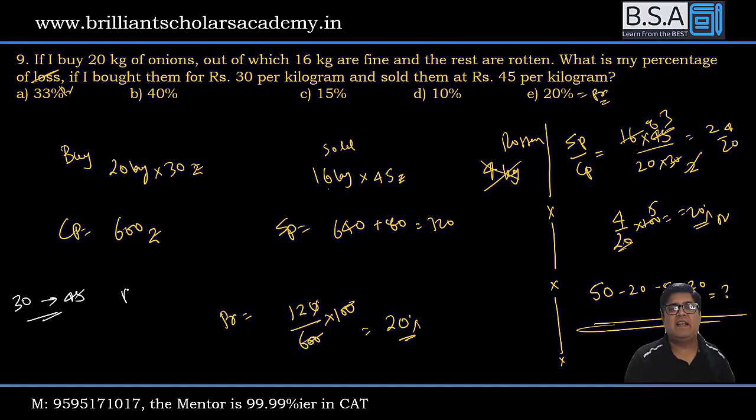I have increased the rate by 50%. The quantity I bought was 20 kilograms, but how many are rotten? 4 kilograms are rotten, which I cannot sell, which I cannot use in any manner. So 4 out of 20 is 20%.